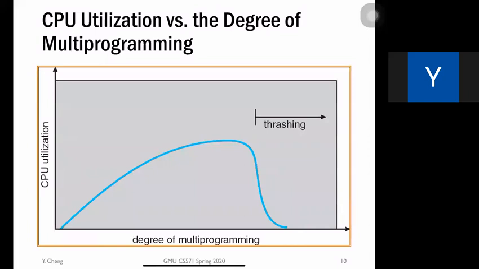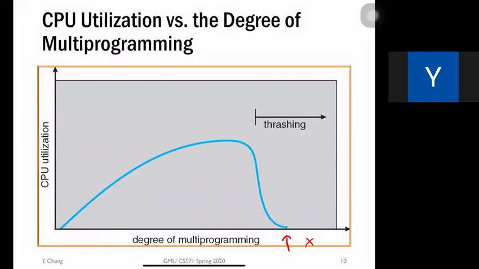So this slide shows the CPU utilization as a function of the degree of multi-programming. It's a two-dimensional plot. The x dimension shows the degree of multi-programming.